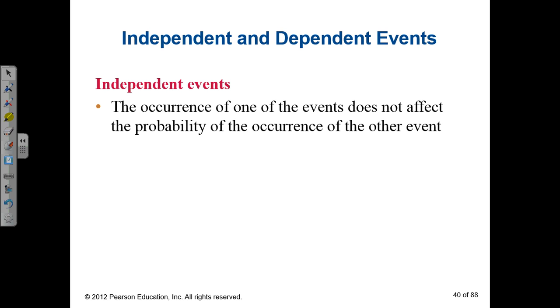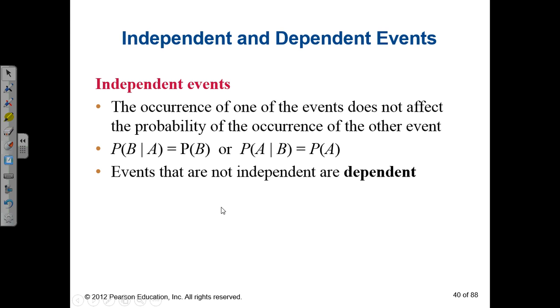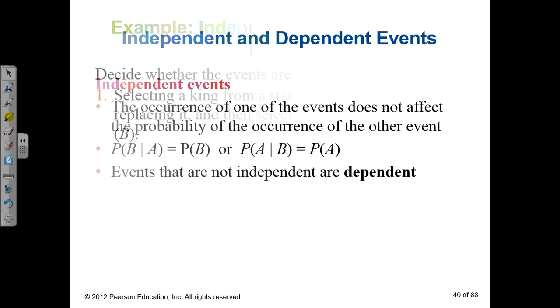So those are independent events. Events that are independent means that the probability of B, given that A has occurred, well, A has not affected B at all, so this is just equivalent to the probability of B, and also vice versa. If events are not independent, we say they are dependent events.